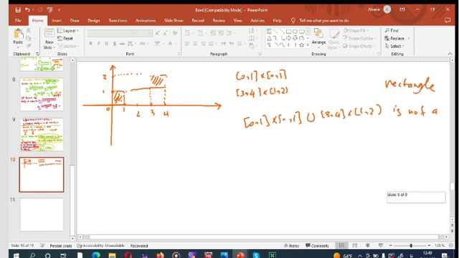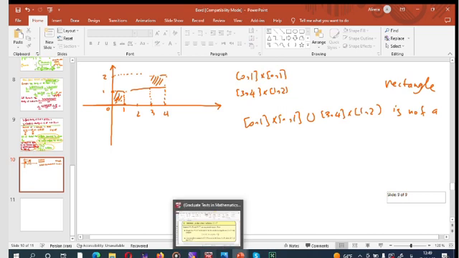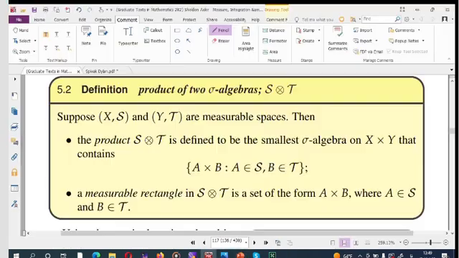So this set is not closed under finite or countable union. Even more, it is not closed under finite union. We know that any sigma algebra must be closed under countable union.